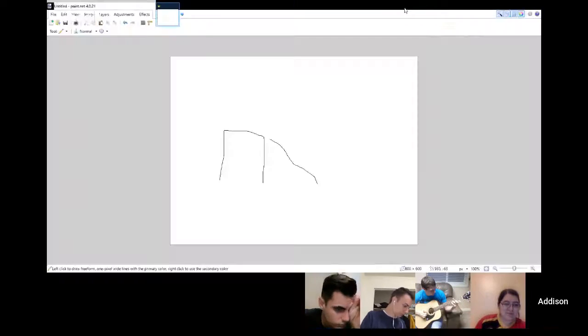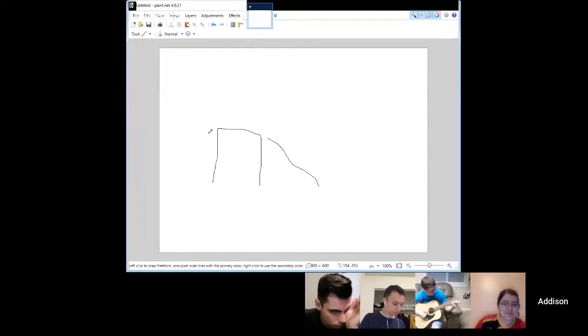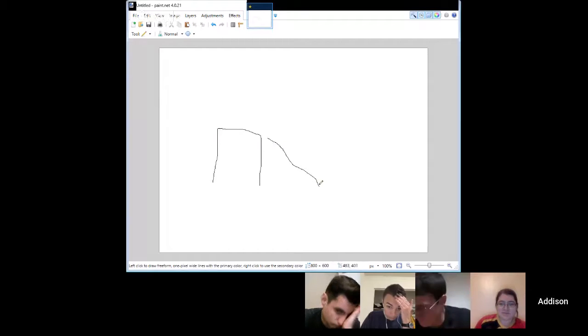So I think what we're saying is you have the building, and then you'd have the shadow. We're gonna get to see my art skills today. A triangle that is similar with another object and its shadow. So we have the building here, and then we have the shadow coming down.